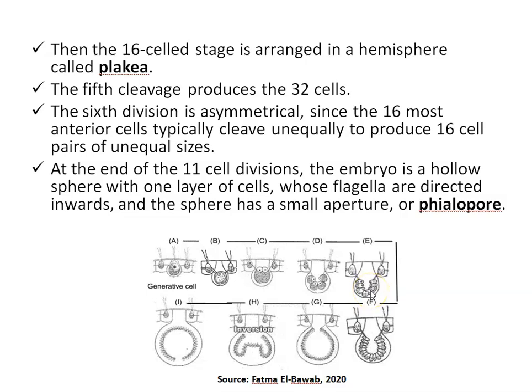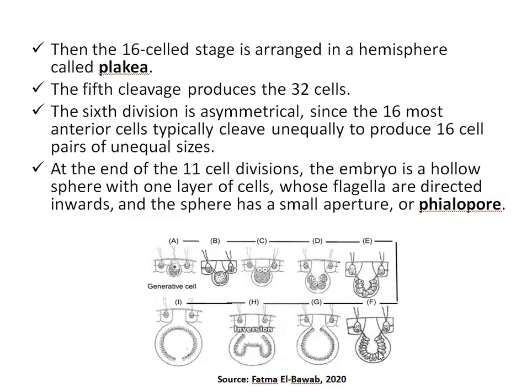This is an 8-celled, curved plate. Now, then the 16-celled stage is arranged, this is F diagram. The 16-cell stage is arranged in a hemisphere called plakea, in which the flagellated ends of the cells are directed toward the interior of the plakea.